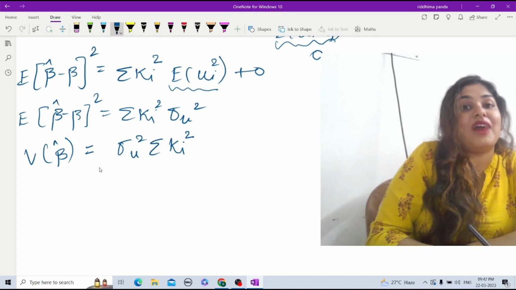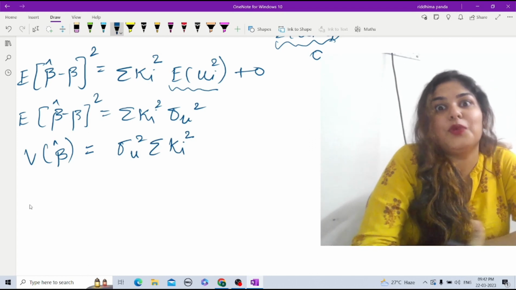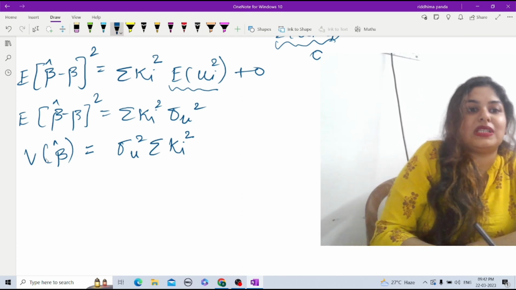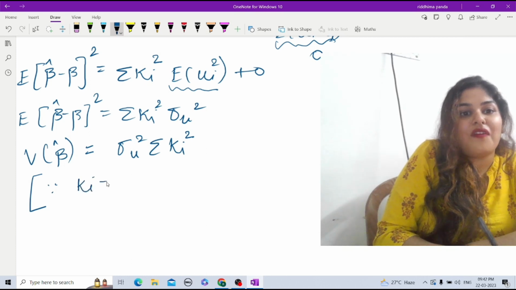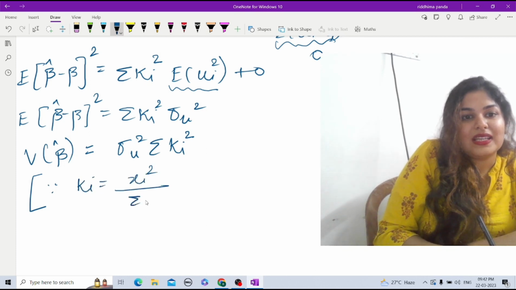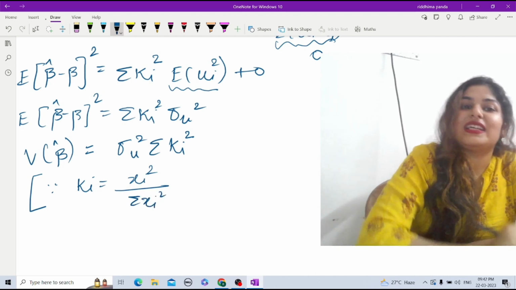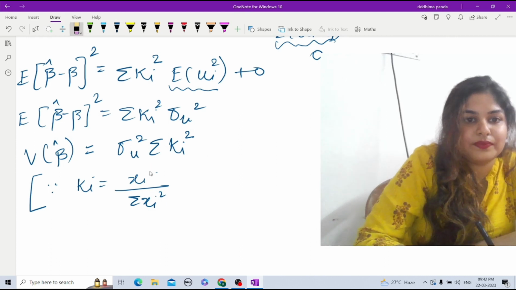Now again, while we were proving the BLUE property, that is the unbiasedness property, there we have already got that the value of ki is equal to xi by summation xi square.